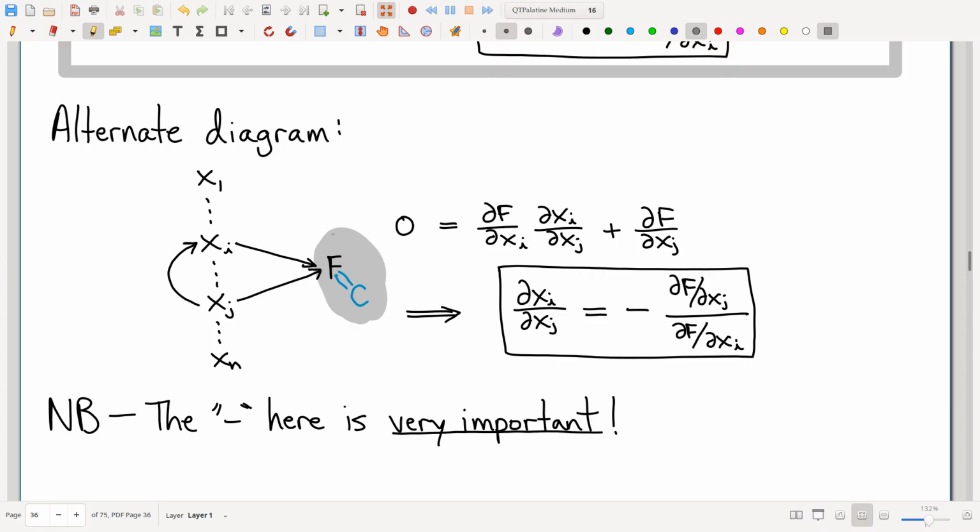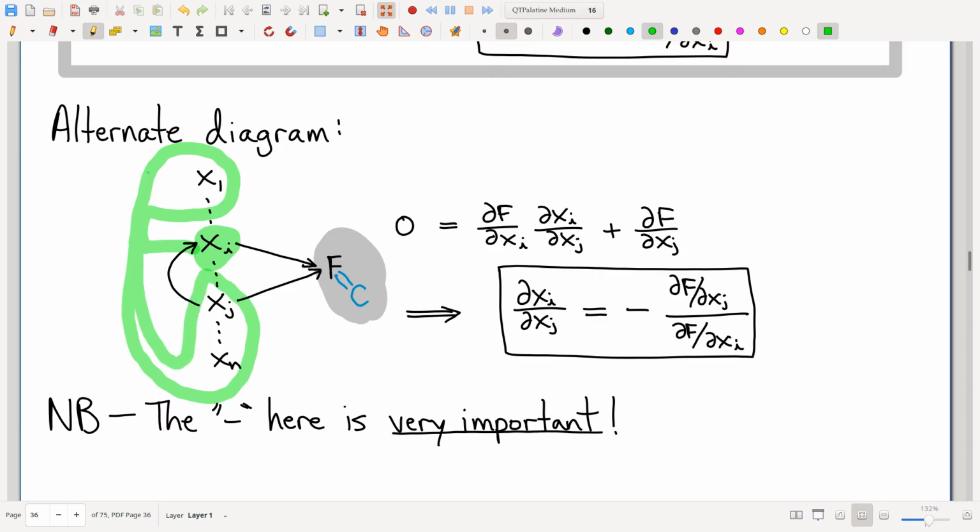And then let's see here. We've talked about how to decide if one of the variables can thus be viewed as a function of the others. Here I'm viewing xi as being a function of the others, right?